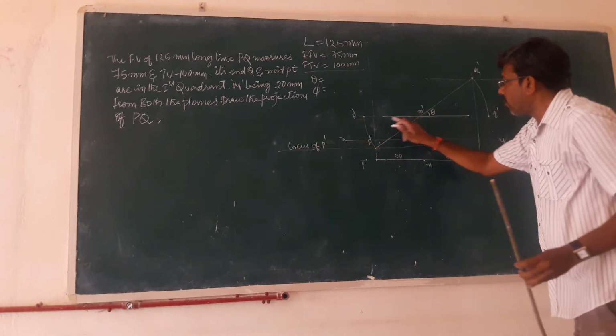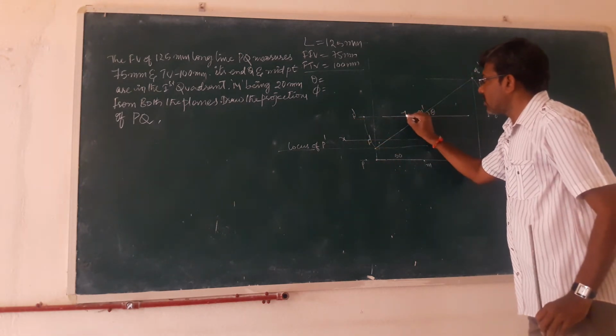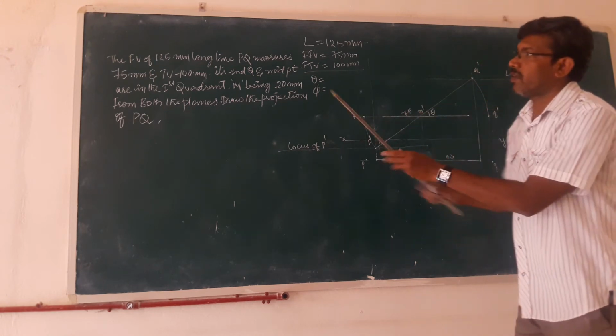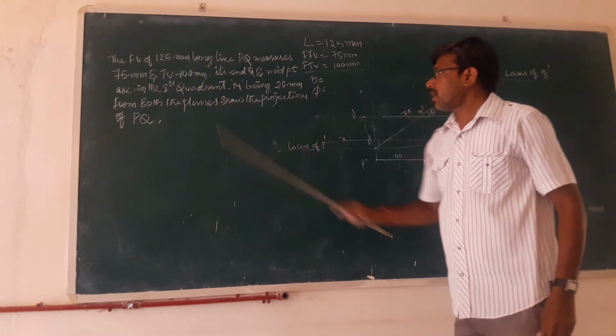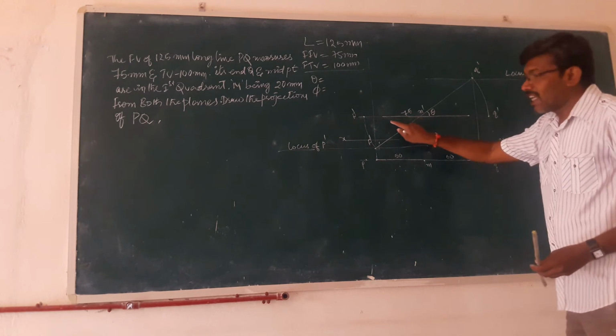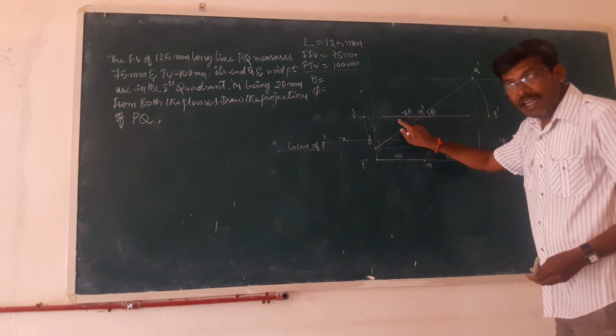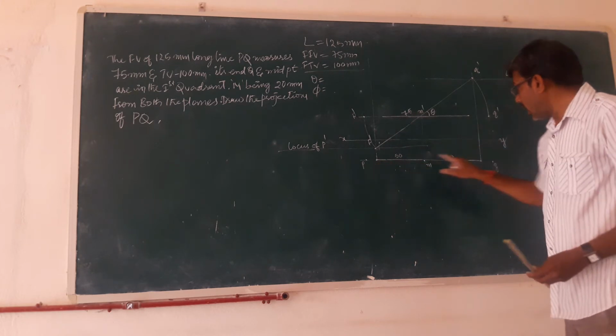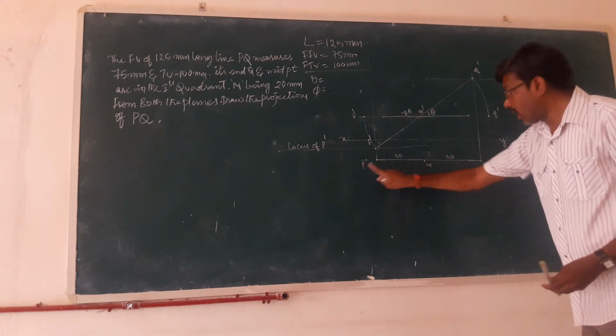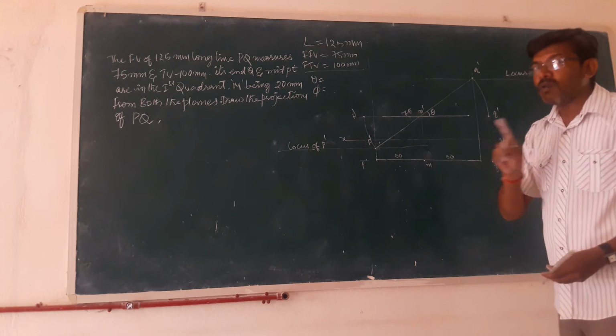This is the front view of a line which is 75 mm, given in the problem. It is obtained when this line PQ is rotated to the vertical plane.